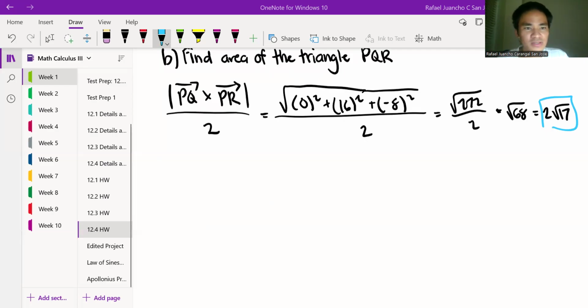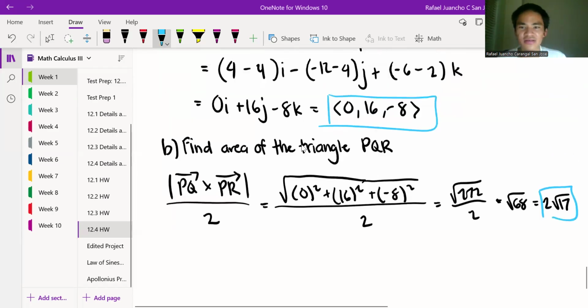Okay, what happens? Oh, that's interesting. Because I did the exact same thing. And I don't know why. Yeah, 1/2 of the length of the cross product. That's what I did. I don't know why I got it wrong. Yeah, see, 1/2 of the length.